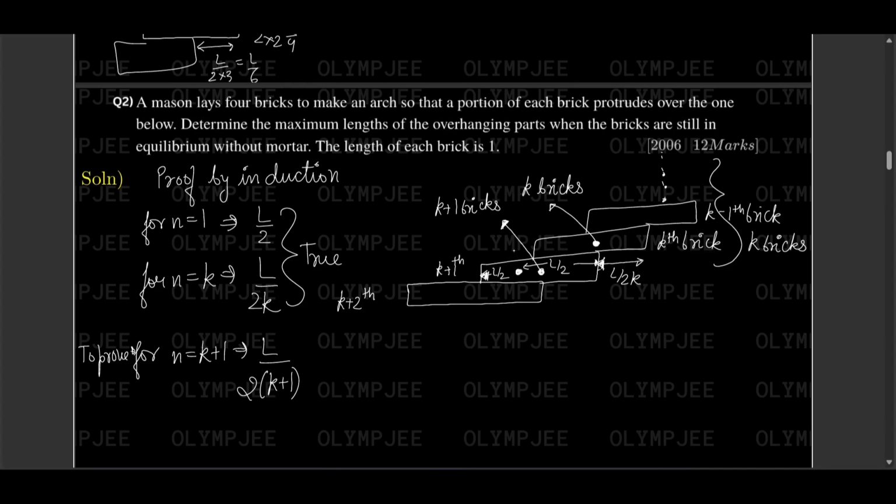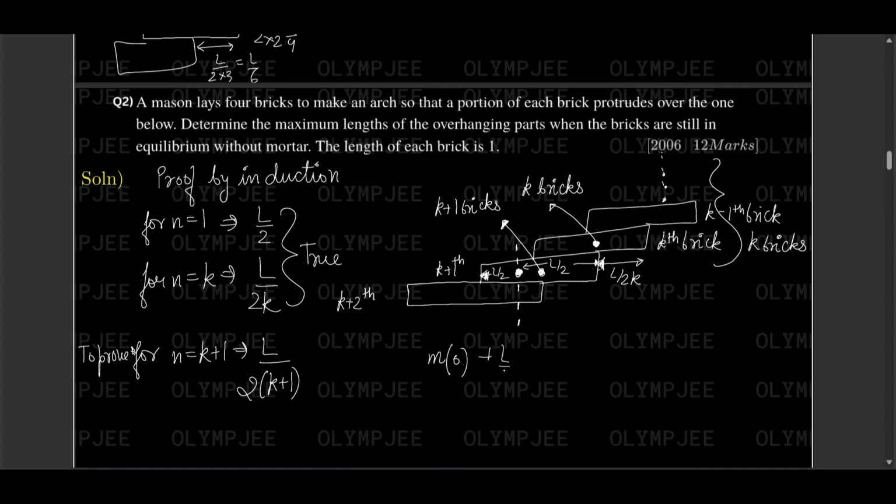So if I assume this as origin, then I can write the position of this center of mass with reference to this origin. The mass of this k plus 1th individual brick is m at 0, because I have assumed this to be at origin, and the mass of this group of k bricks that I have represented by this point is km at a location of L by 2.